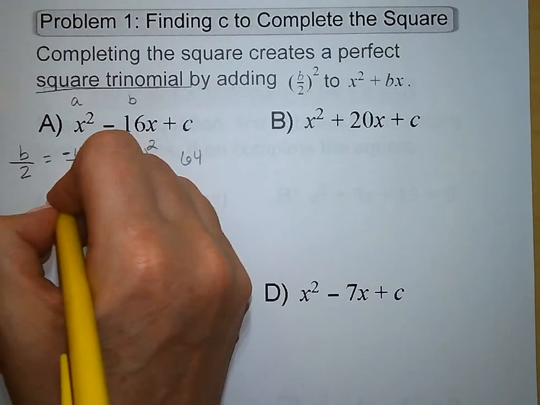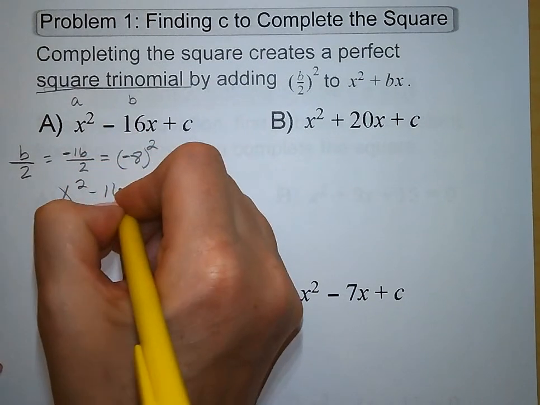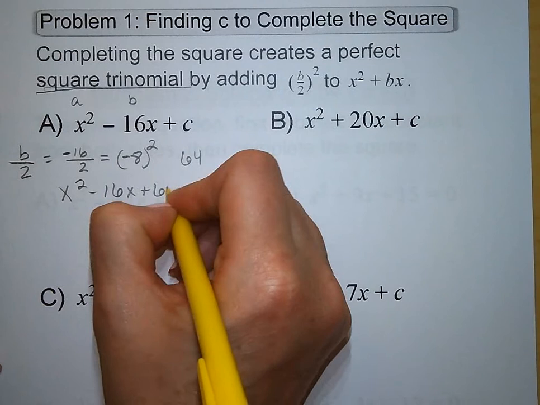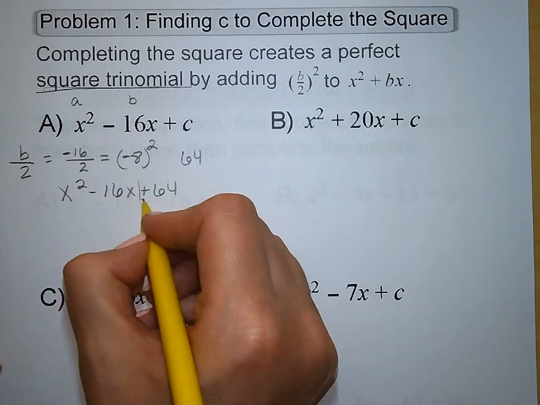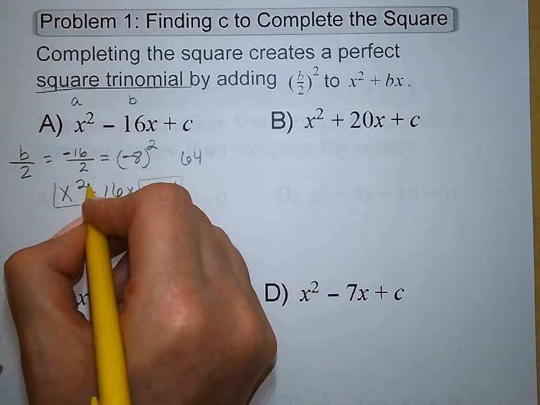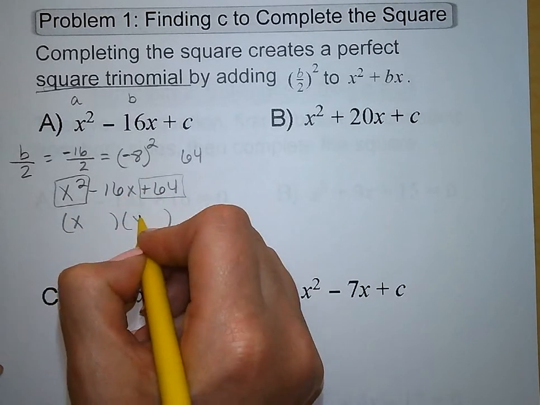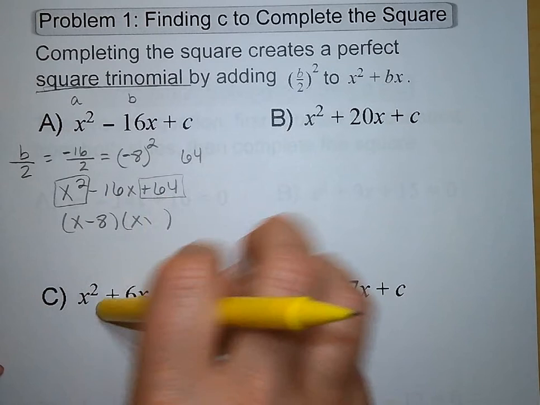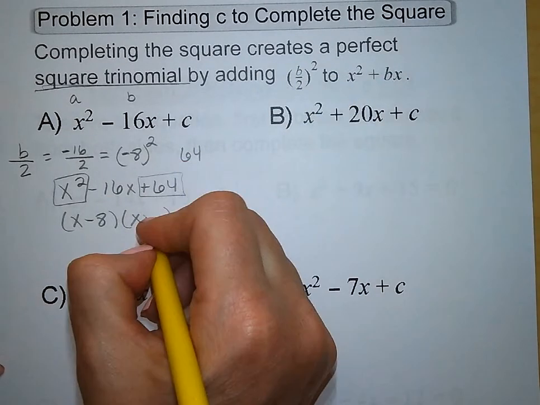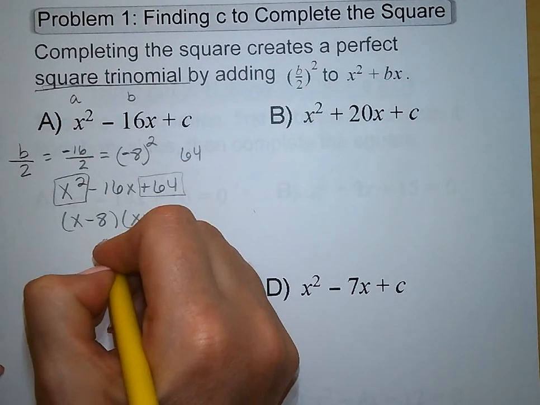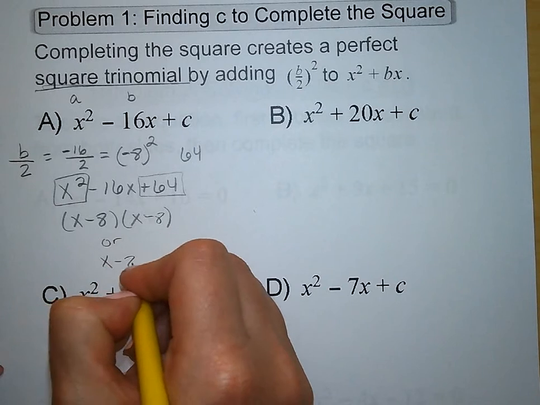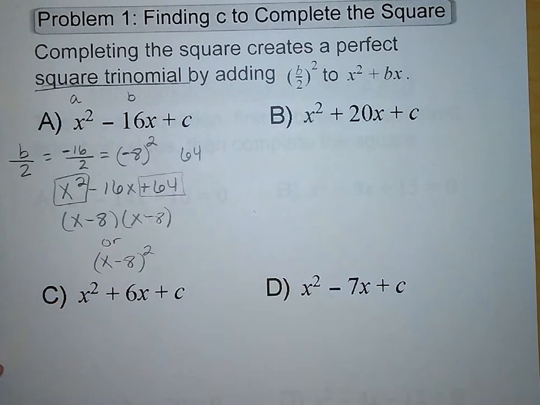So now we write our trinomial x squared minus 16x plus 64. Square number. Perfect square. Square number. Perfect square. And we've got x minus 8 times x minus 8. Or we rewrite it as just x minus 8, the quantity squared.